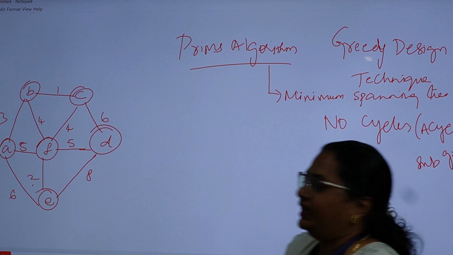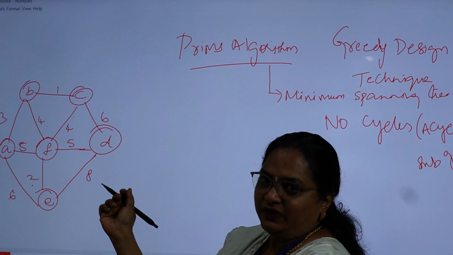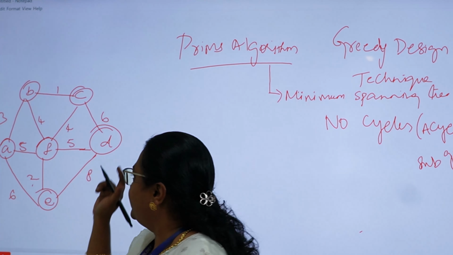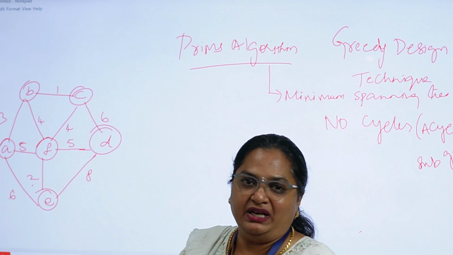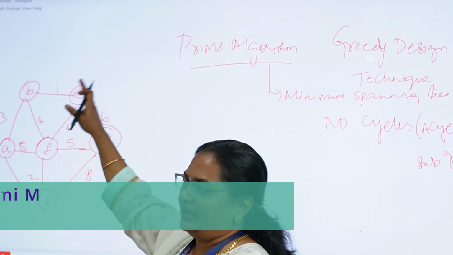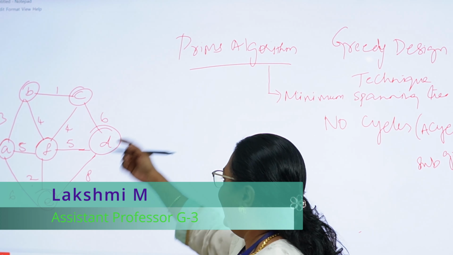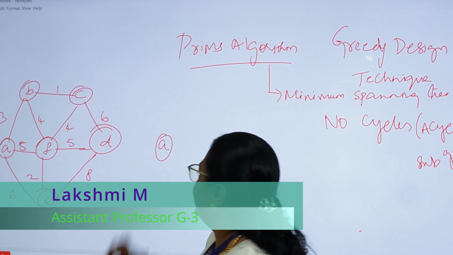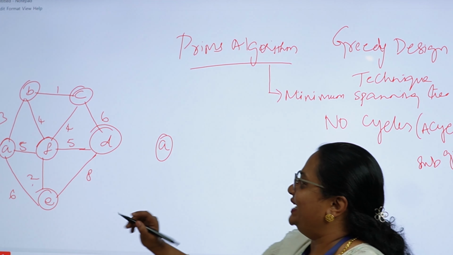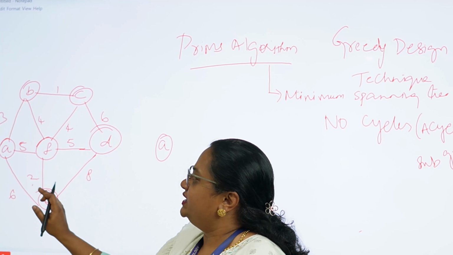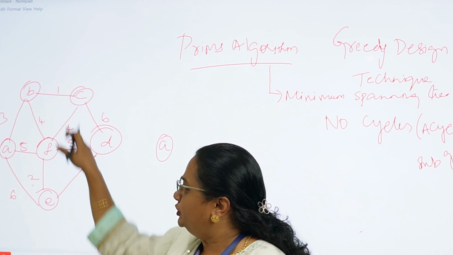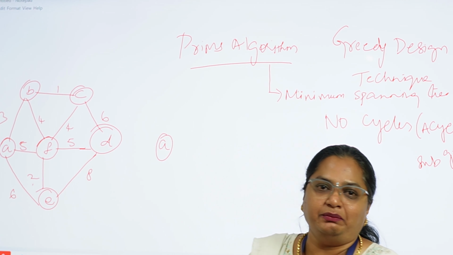Now let's apply Prim's algorithm where you explore all the vertices with minimum cost. You can start from any vertex as a source vertex. I'll consider A as my source vertex. From this source vertex, I try to find all the adjacent vertices and out of those, I try to find the minimum cost.